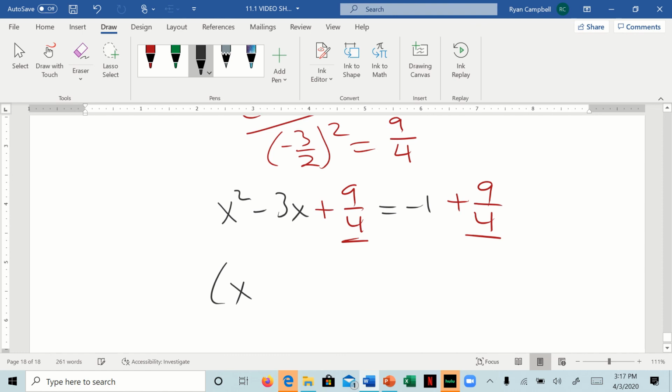On the left side, that simplifies down to x minus 3/2 squared. On the other side, we need to have a common denominator. So we see that that's once again going to be 4. So we multiply it by 4 over 4. And we see that when we add it together, we get 5/4.